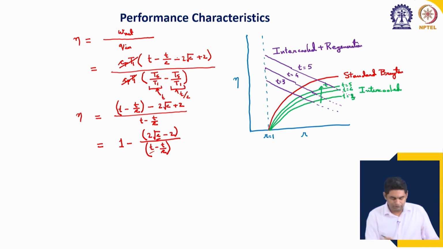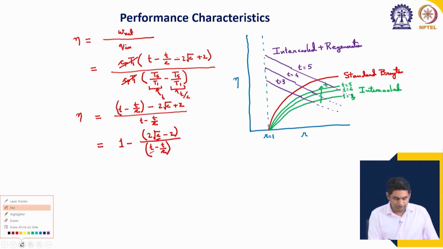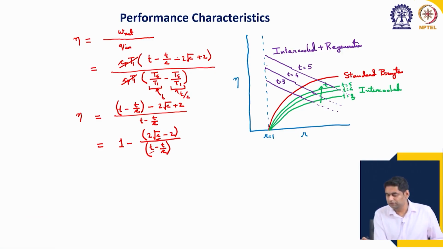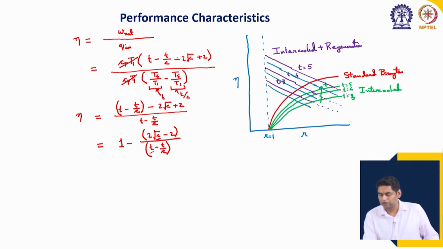For the simple regeneration cycle, we have efficiency similar to this, for t equal to 5, t equal to 4.